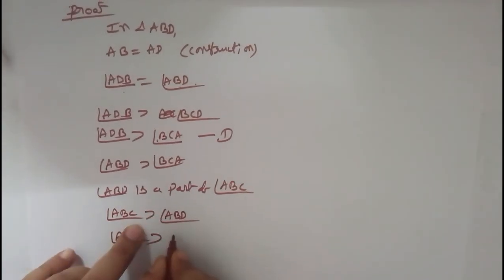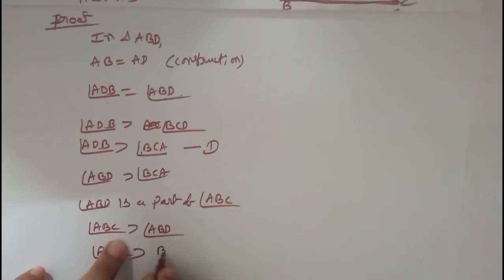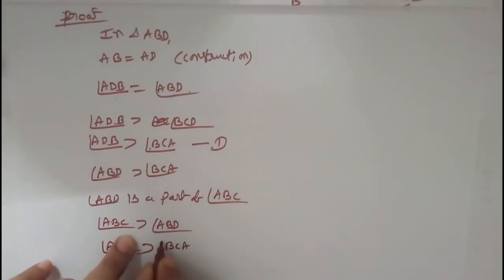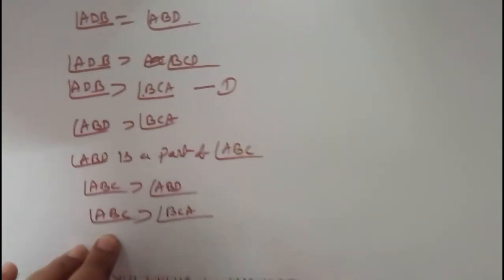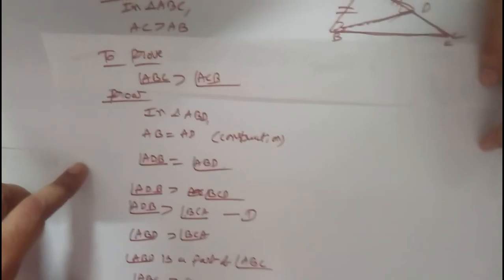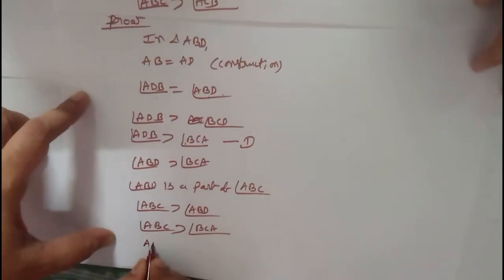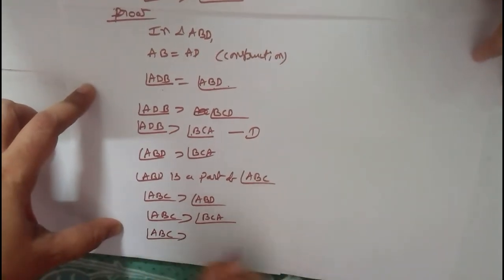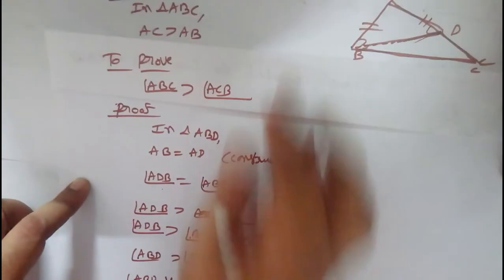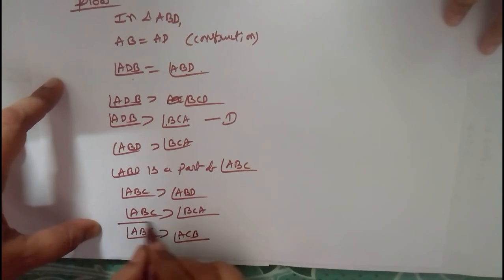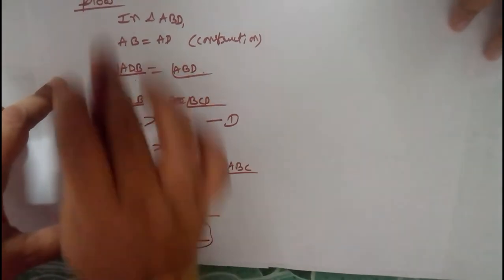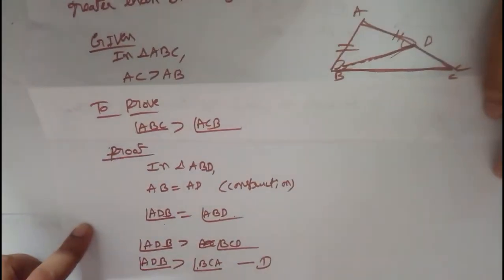So ABC is greater than BCA, or ACB. BCA is nothing but ACB also. So that is our RTP part: ABC is greater than ACB.